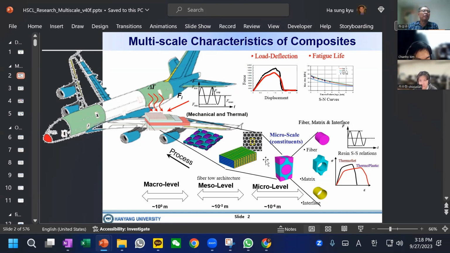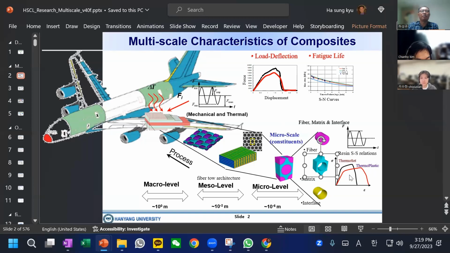Now, as you can see, we have a design issue. Design always starts with given external forces. Now the external forces are decided, but how can we select the materials and the layups as a designer? Of course, we have to make the structure safe, and we have to make the structure as affordable as possible, the economical view, which is also very important.